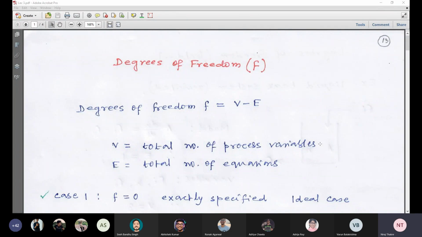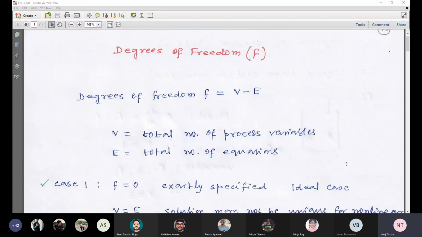In that example, volume is equal to cross-sectional area into height. Cross-sectional area is constant. So either you consider volume or height as a process variable. You cannot consider both. That's what I wanted to say. Fine. And second one is total number of equation.